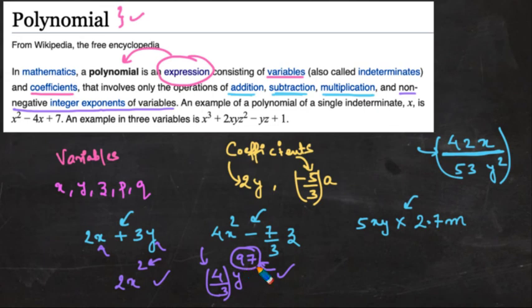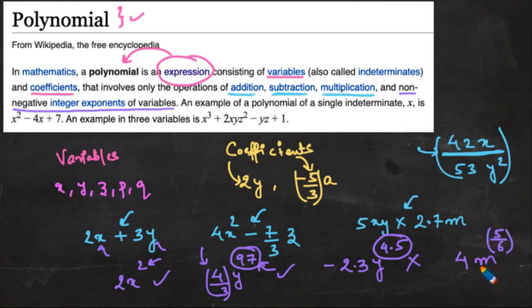What is not acceptable? For example, let's say we have negative 2.3 y to the power 4.5. This is not acceptable because this is a decimal, a non-integer value. Similarly, let's say we have 4m to the power 5 by 6. This is not accepted because we have a fraction as the exponent of this variable.